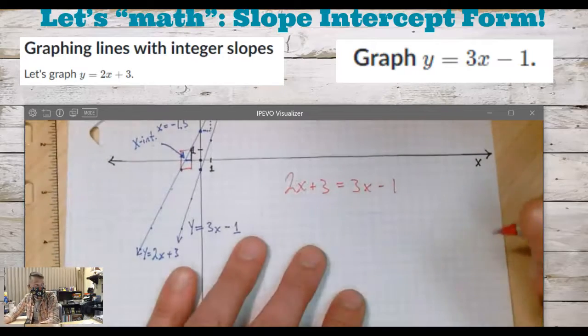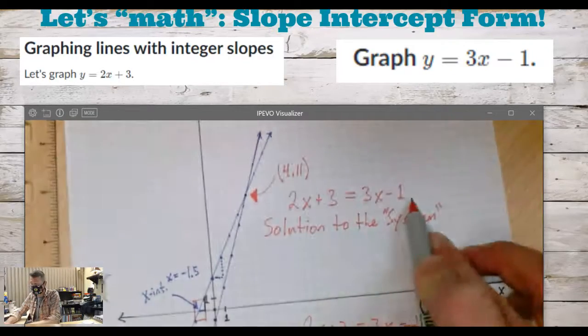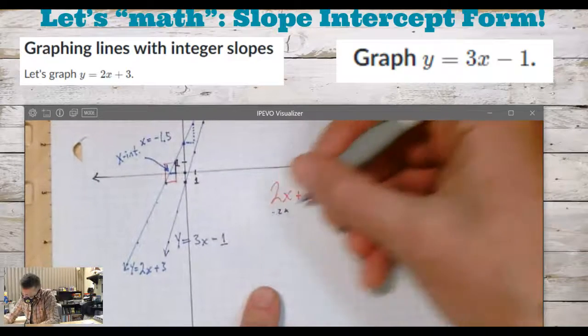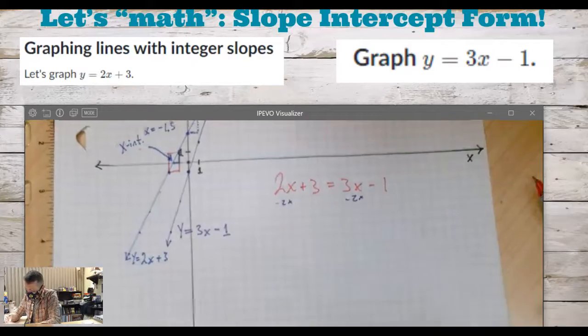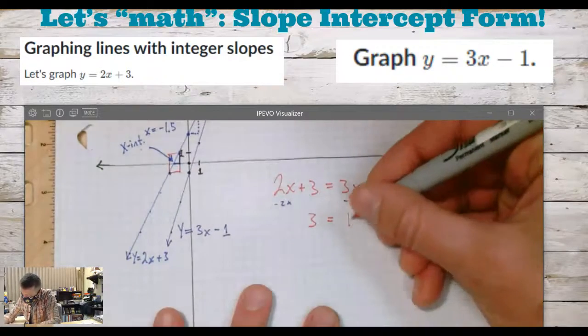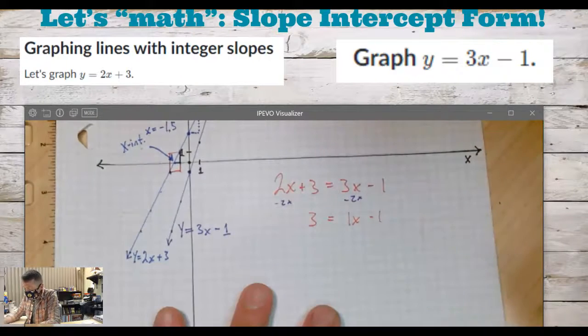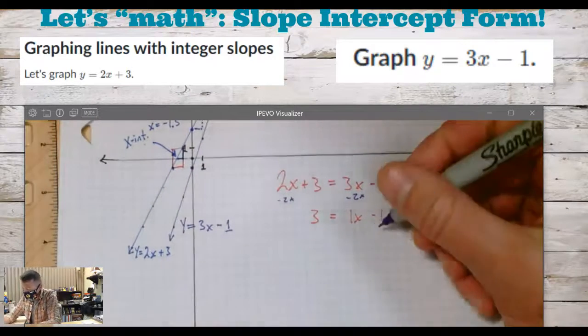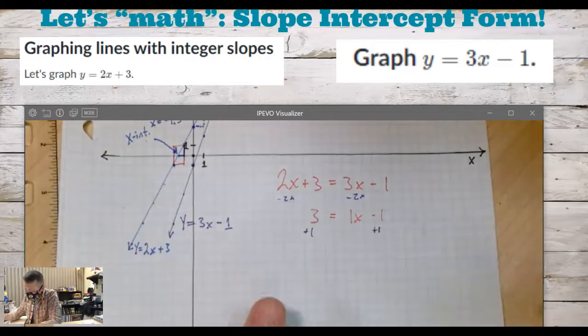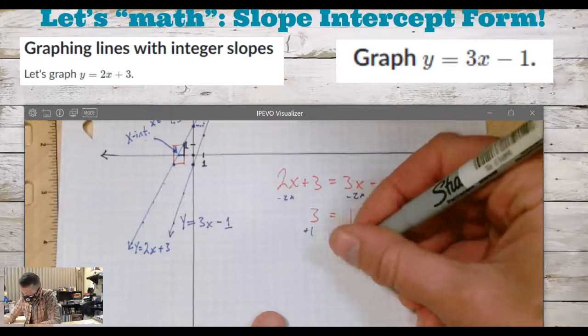If I just copied what I wrote up here, if we subtract 2x from both sides, then we get 3 is equal to 1x minus 1. And then if I add 1 to both sides, x equals 4.